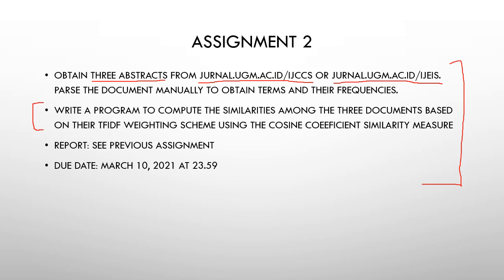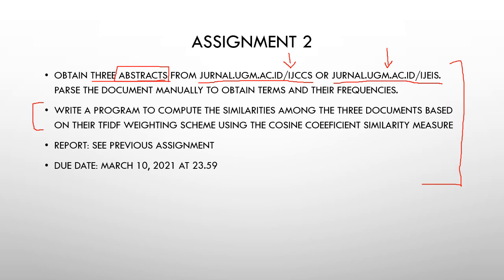The second journal is in Bahasa Indonesia, and the first one is in English. So it is up to you whether you want to process the Indonesian or English documents. Remember, only the abstract. So you have to cut the abstract.